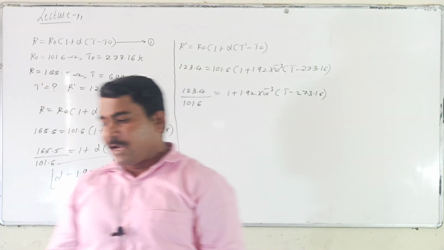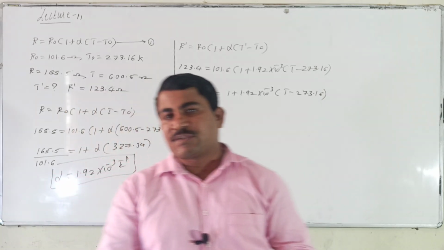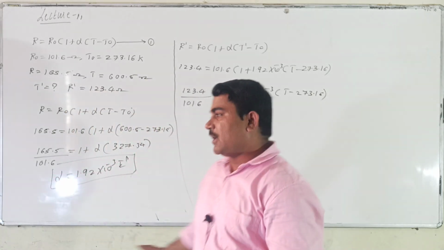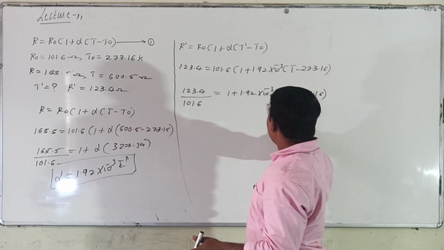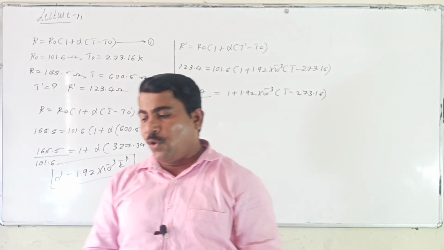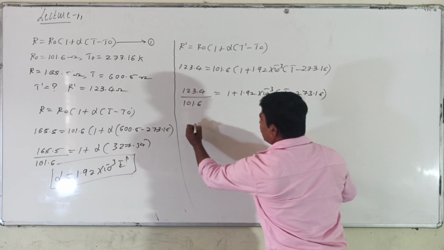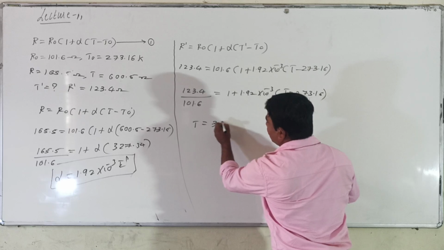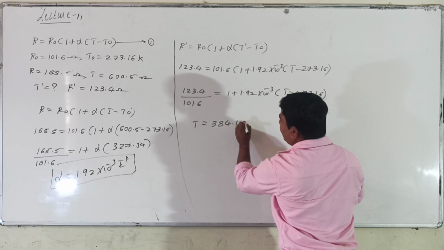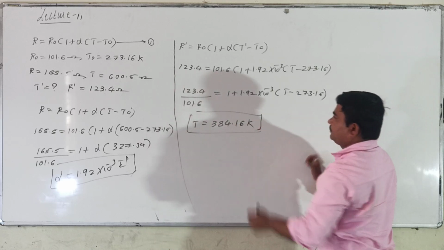If we go for the solution directly, the T value I need to calculate. From this maybe the T value is 384.16 Kelvin. Just go for calculation.